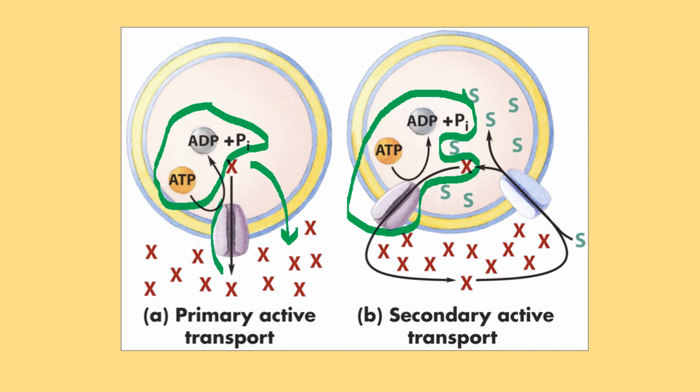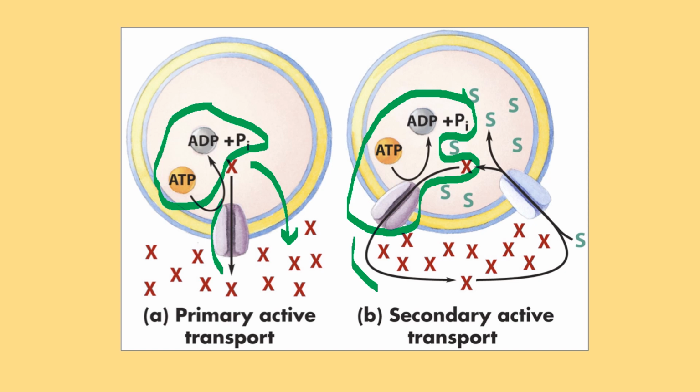That transmembrane protein is directly using ATP to establish a concentration gradient. And here we have a concentration gradient for X. Because of primary active transport, there's a lot of X outside the cell and very little X inside the cell. So this established gradient means that X, and I'll put air quotes here, "wants" to enter the cell.